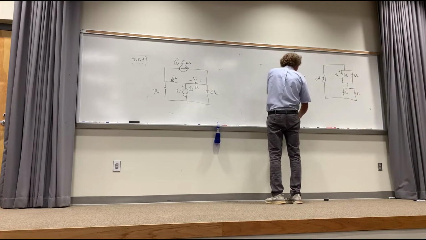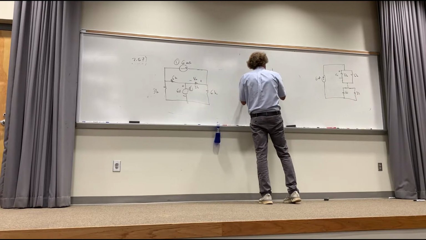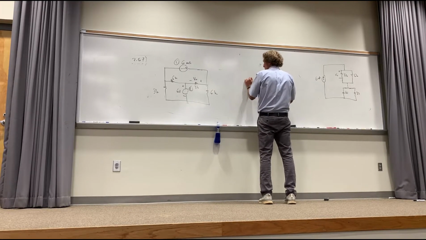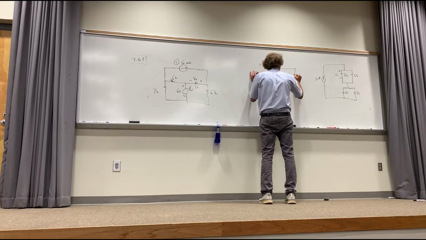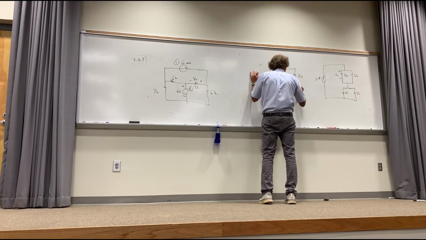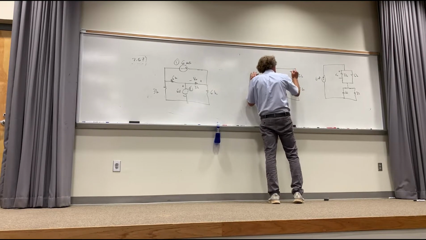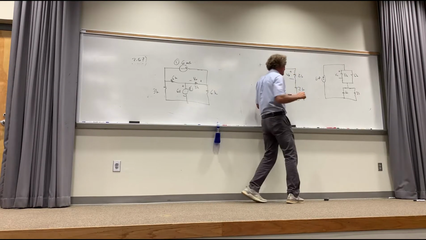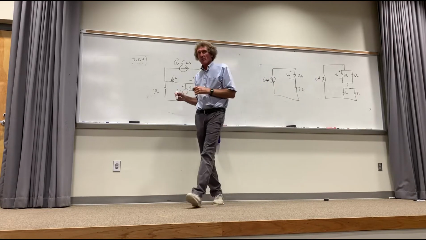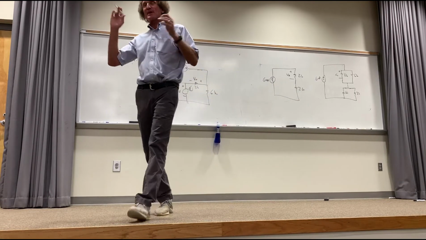So now I'm coming back to that circuit. I have 6 milliamps right there. And now I have 2K here in series with 2K. And this is plus to minus V naught. You all agree with me there? How many see this?